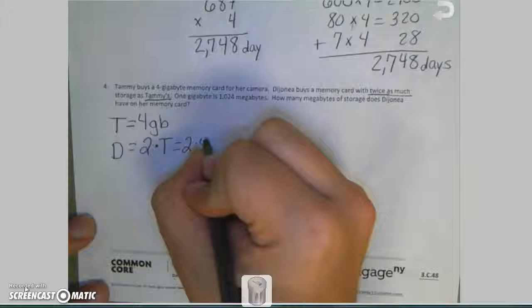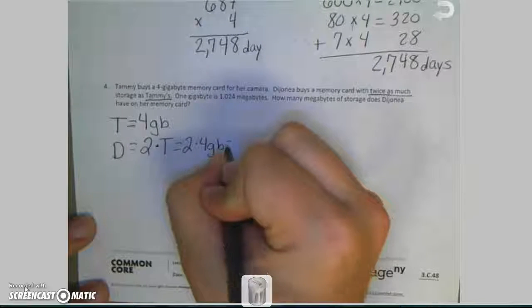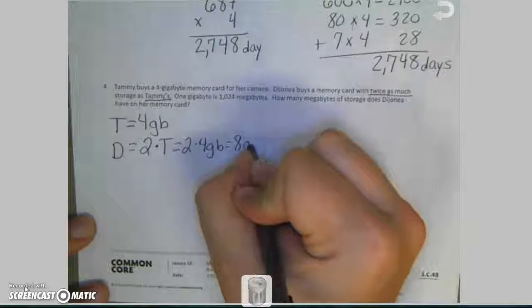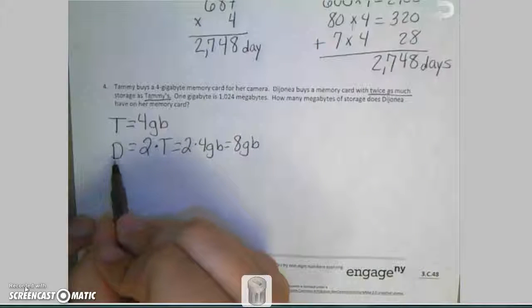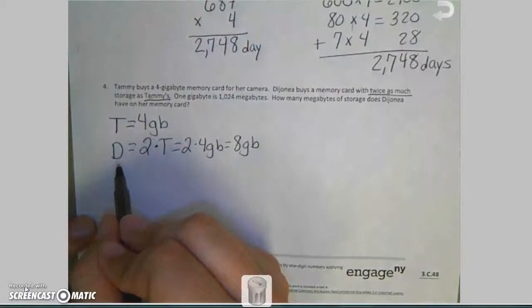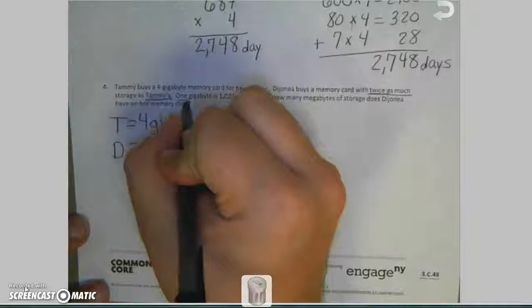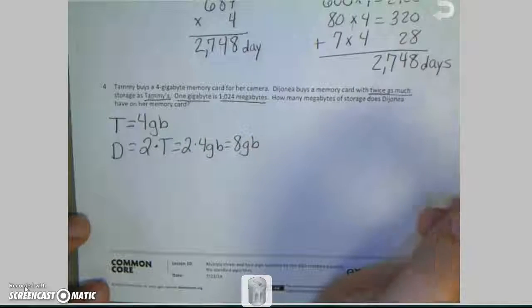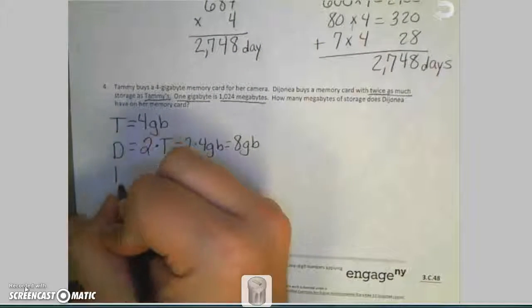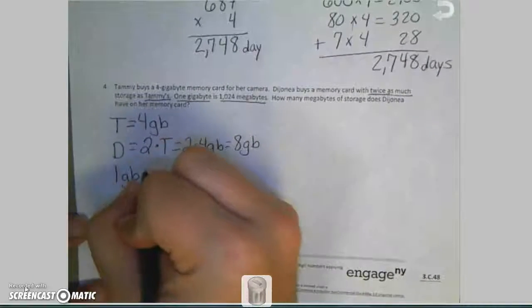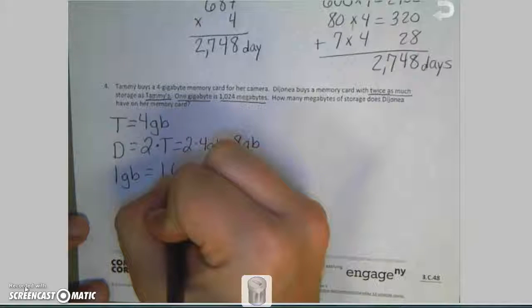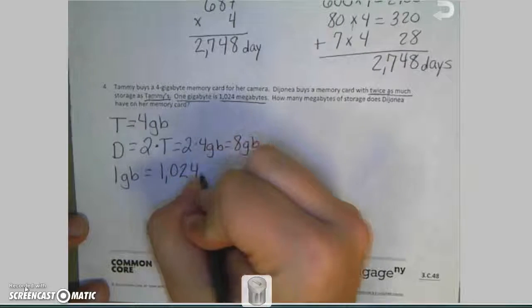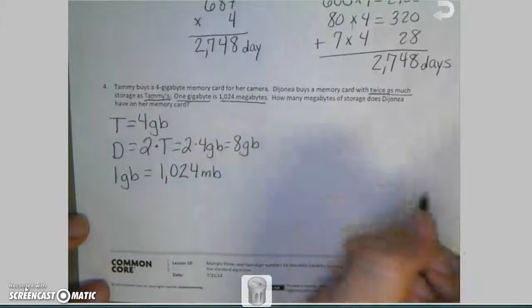So 2 times 4 gigabytes equals 8 gigabytes. So Dejanay has 8 gigabytes. I also know that 1 gigabyte is 1024 megabytes. So that's important information.